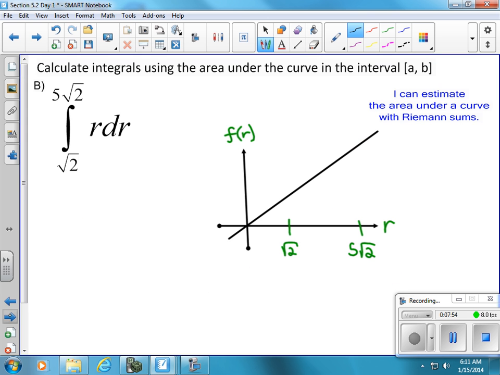Okay, the next example is similar, except we may have a different figure. This function is r, so f of x equals r, which means it's a straight line going up like we have drawn here. We're going from the lower level of integration to the upper level of integration. So again, the area under this curve is another trapezoid.